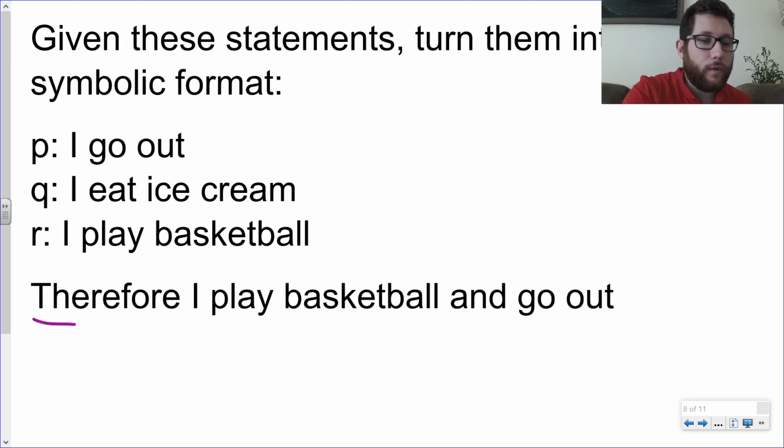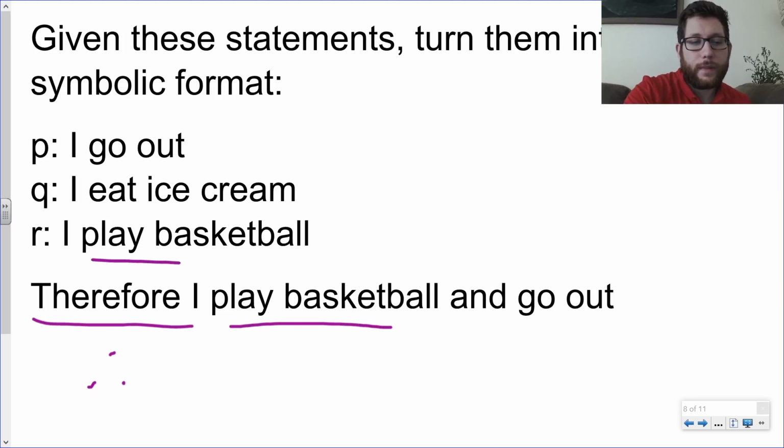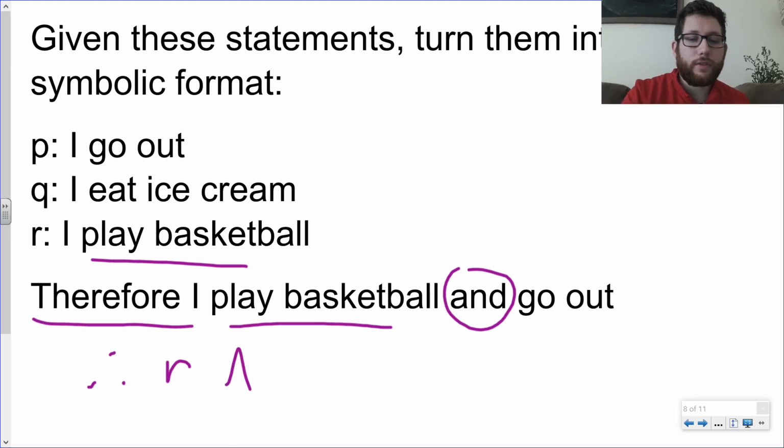Okay. Therefore, what's it there for? Well, it's three dots, right? I play basketball. Tells me my R statement. And tells me it's an upside down V. Looks kind of like an A. I go out. Going to be a P. Therefore, R and P.